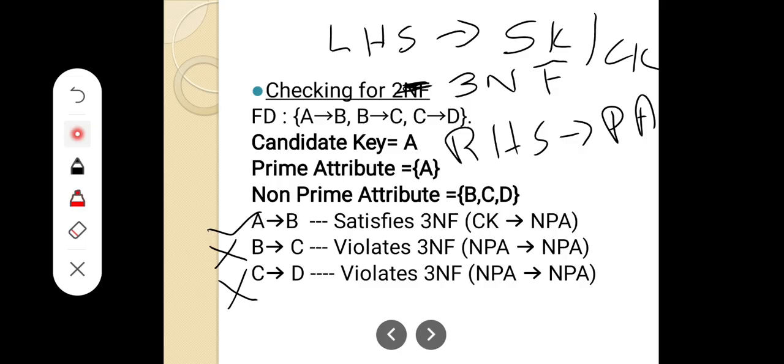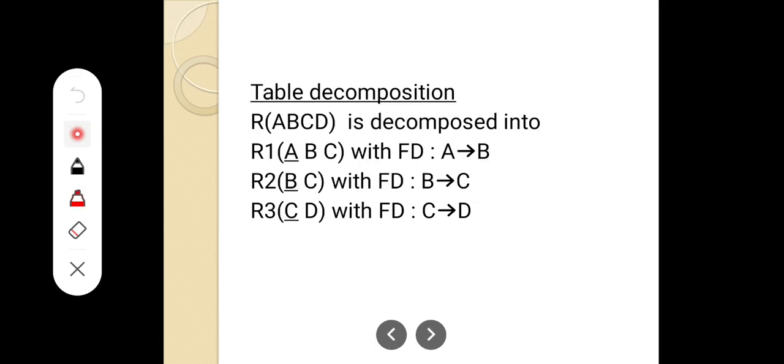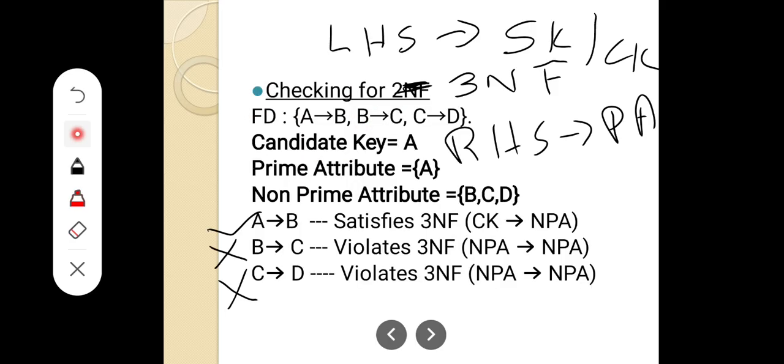Now we have to make this relation into third normal form. So what we do is we decompose this relation into 2. No, we are actually decomposing the relation into 3. ABCD is our relation, so we are creating a separate relation for this one and this one.